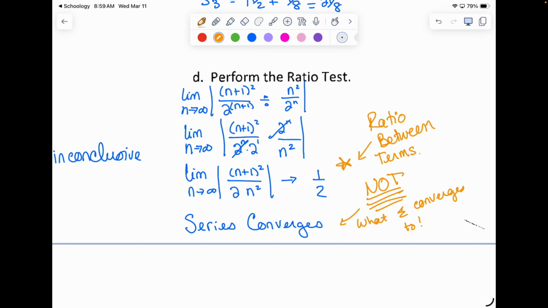In order to figure out what it converges to, we're going to have to do some other stuff.